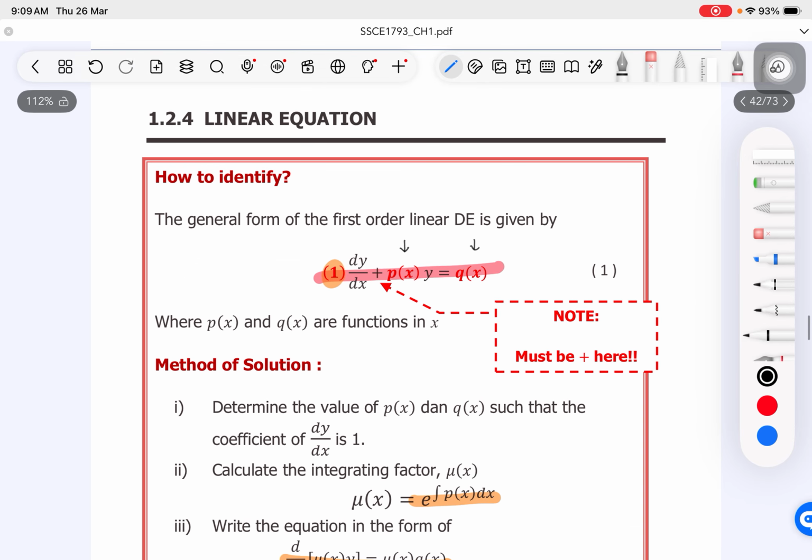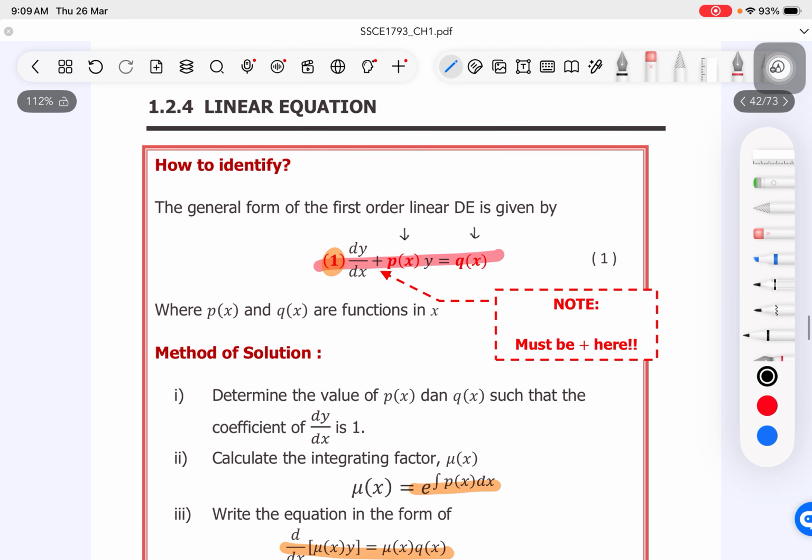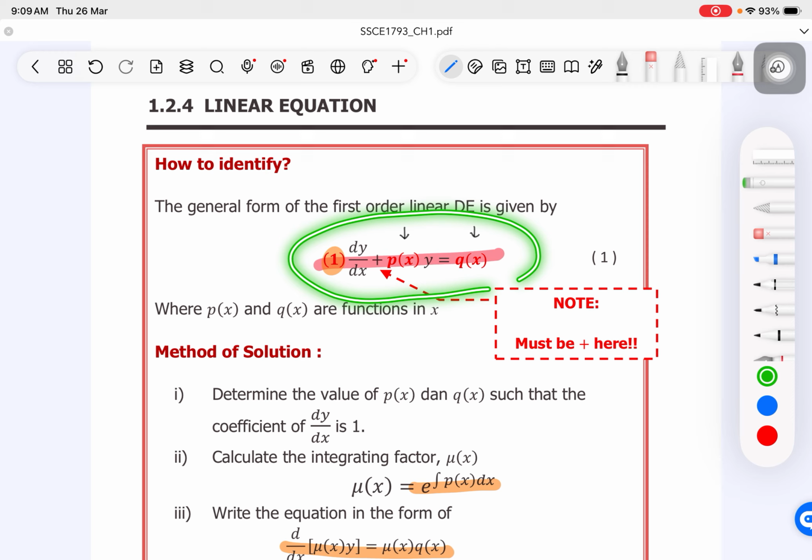Now we will go to this one. If you want to understand how we get this one, you should refer to my notes. So for linear equations, this is the general form of linear DE. The first thing you need to make sure is the coefficient of dy over dx must equal to 1.